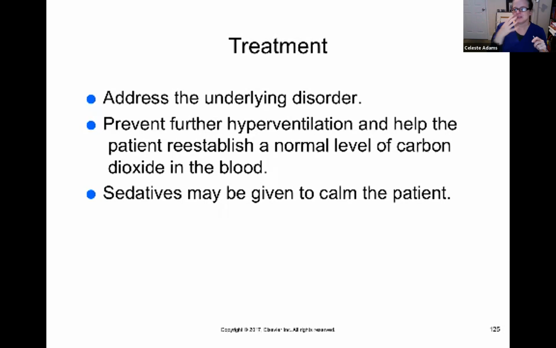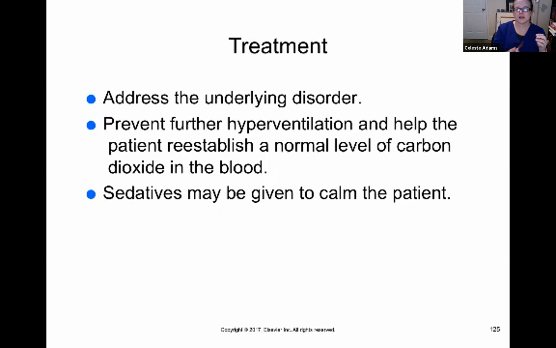If you get them to breathe in a paper bag, they're breathing in that CO2 just like they're expelling it, but that CO2 is staying in that paper bag, and when they breathe it in, it's going back into the lungs. That's why you tell somebody to breathe into a paper bag when they're hyperventilating, because they need CO2.